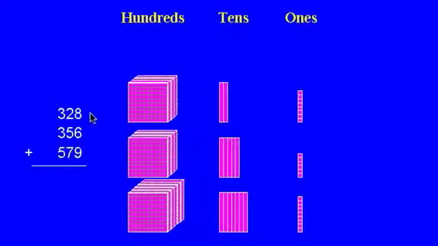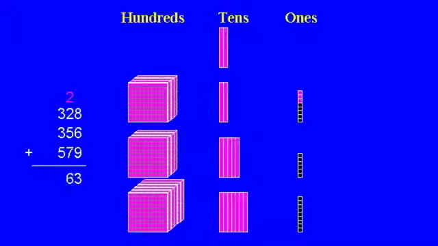Once you memorize single-digit addition, then the next major concept is regrouping. So here, starting with the ones, 8 plus 6 is 14, plus 9 is 23. So we have 3 ones, and the 20 becomes 2 groups of 10. Next, adding the tens, 2, 4, 9, and then 7 is 16.